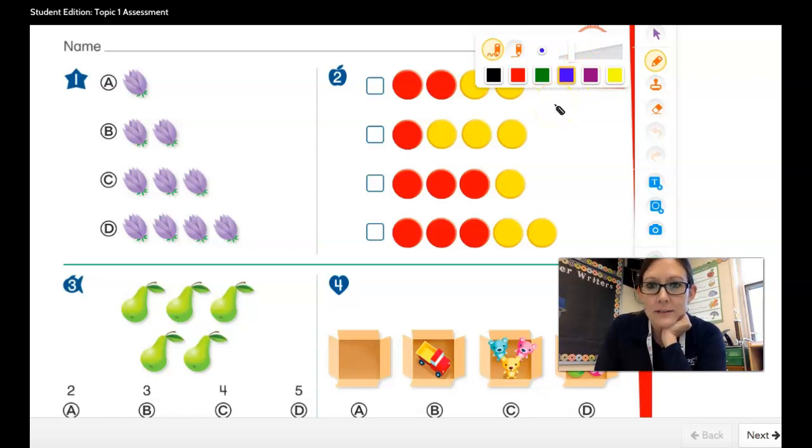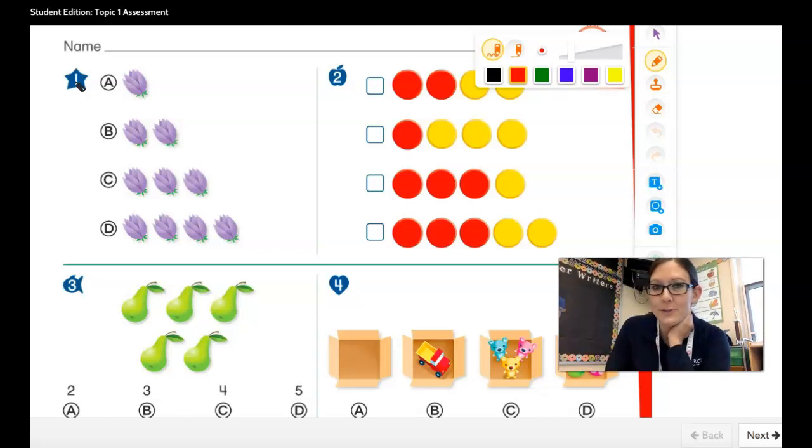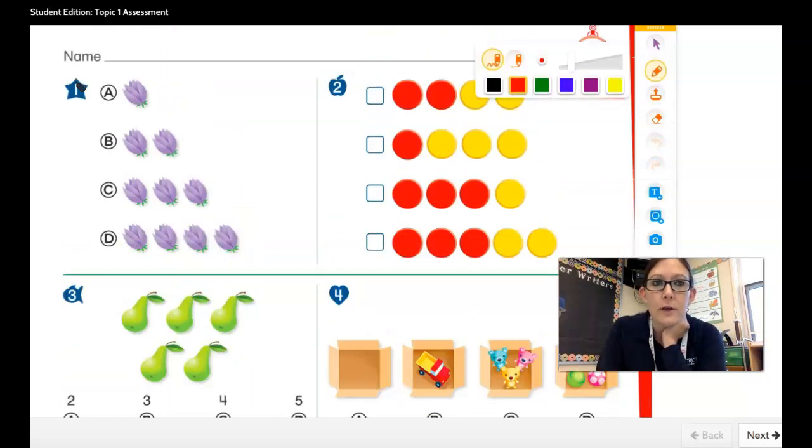All right, I'm going to go ahead and use my red crayon, and I'm going to start with number 1, star. All right, listen first, and then we're going to work together to make the right choice. Do you remember we have been using these papers to work on filling in the bubble to make the right choice? All right, number 1, star. Which one shows 3 flowers? Which is the one that shows 3?